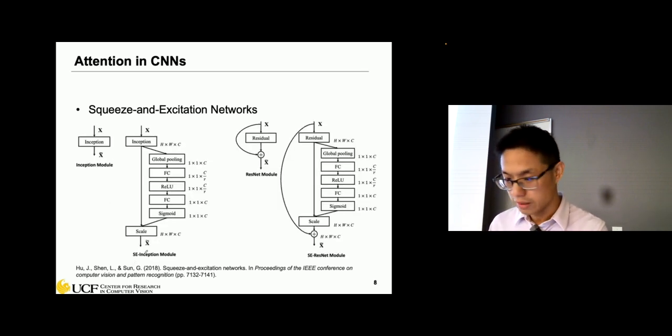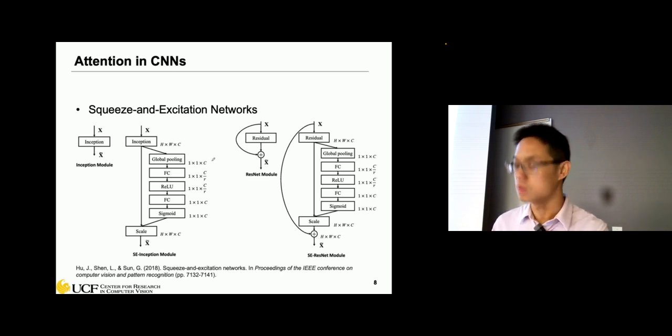And here they were able to incorporate the squeeze and excitation idea or module with different existing CNN architectures. We have the inception network with the inception module, and you can incorporate the squeeze and excitation idea: you do global average pooling, a couple of fully connected layers with ReLU, trying to learn how you should weigh these different channels.